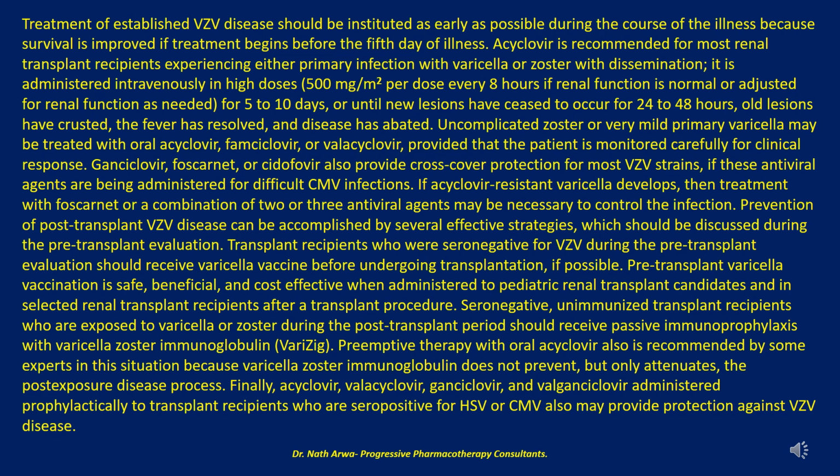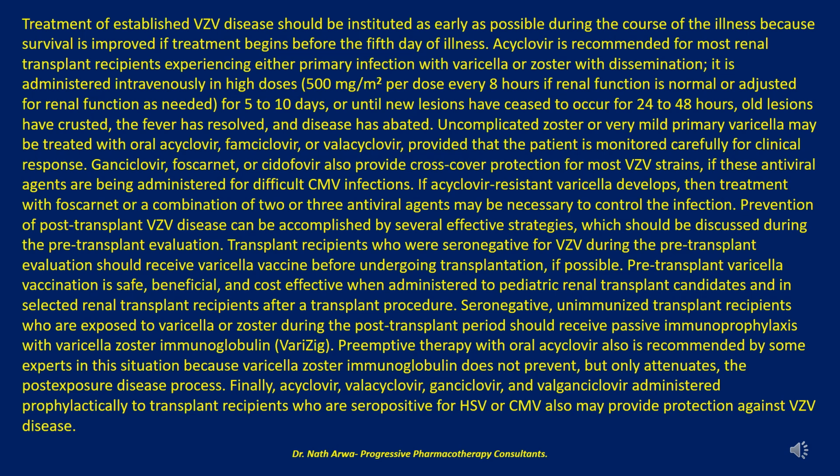Treatment of established varicella zoster virus disease should be instituted as early as possible during the course of the illness because survival is improved if treatment begins before the 5th day of illness. Acyclovir is recommended for most renal transplant recipients experiencing either primary infection with varicella or zoster with dissemination.